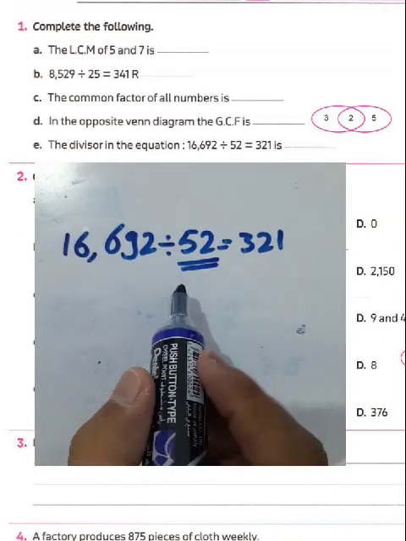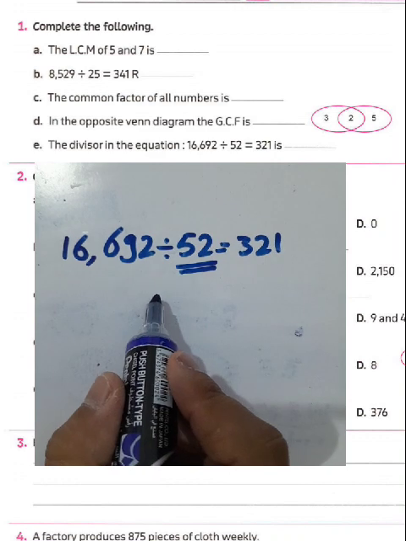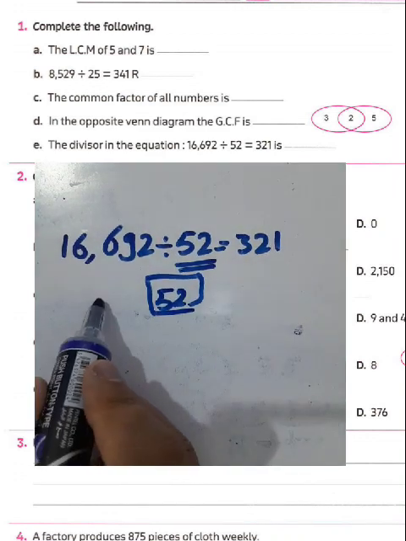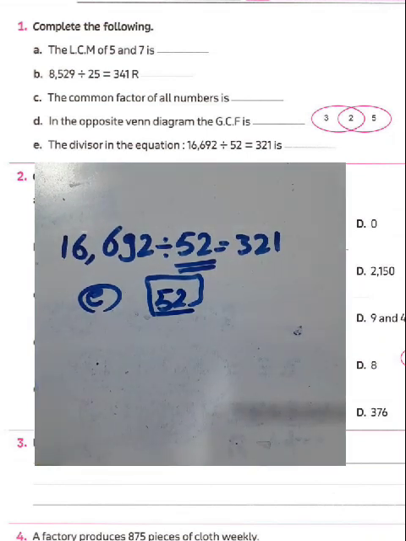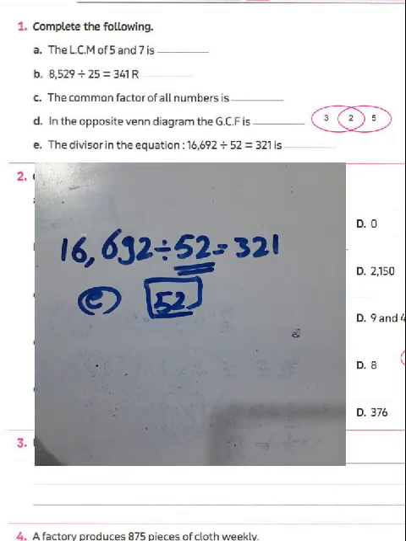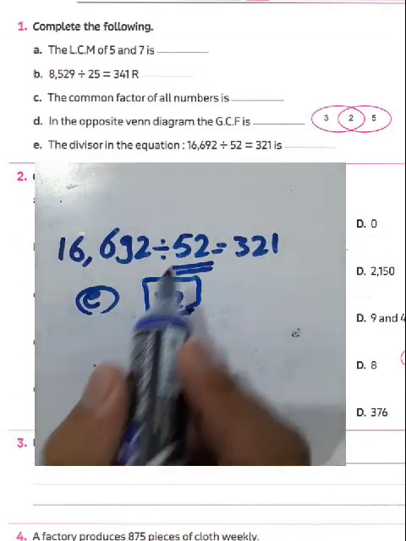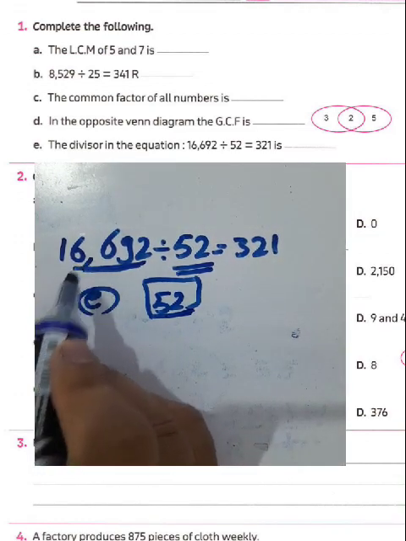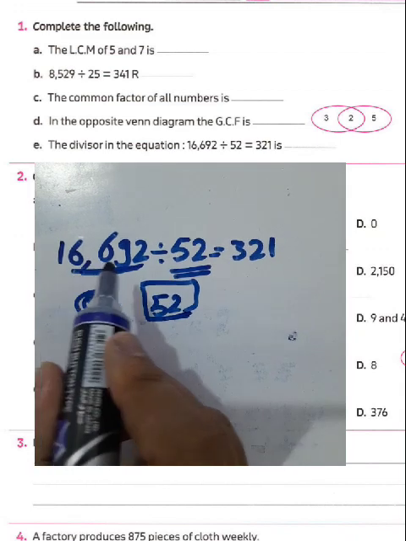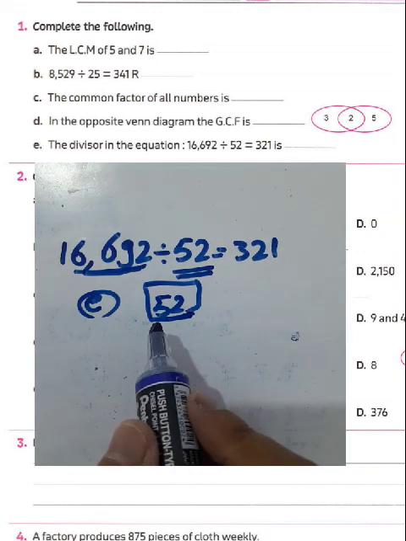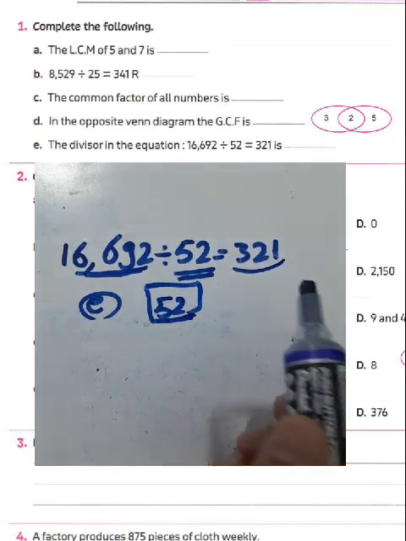The divisor here is 52, so you can write 52 in this space for letter E. Understood? 16,692 is the dividend, 52 is the divisor, and 321 is the quotient.